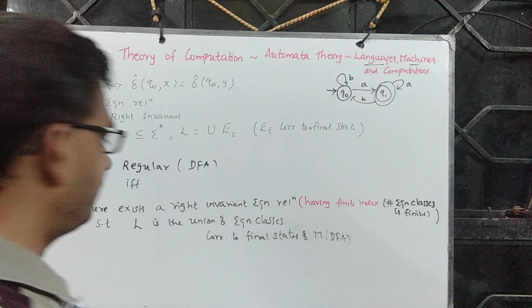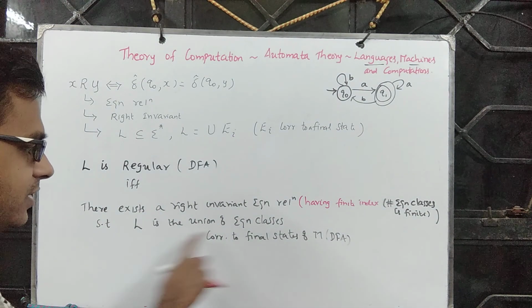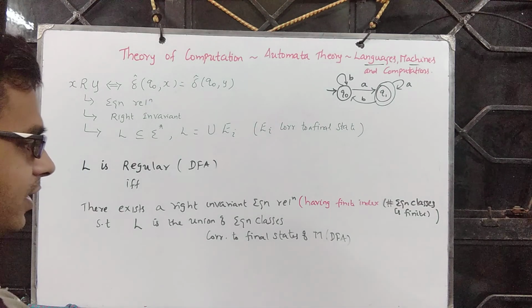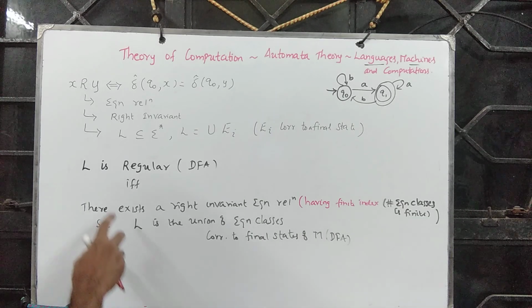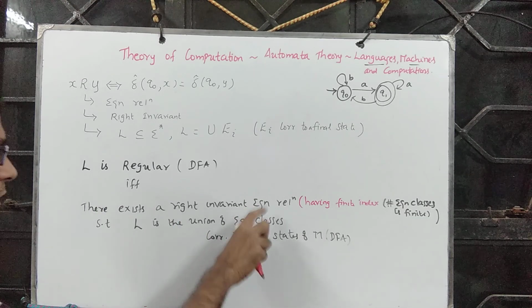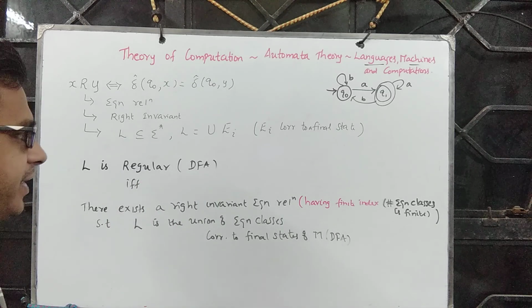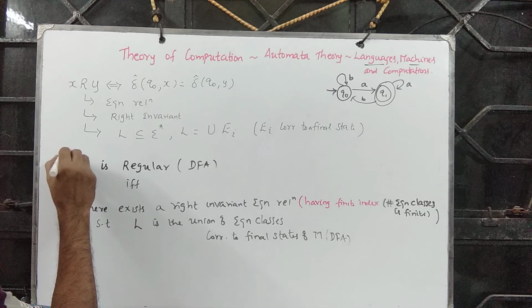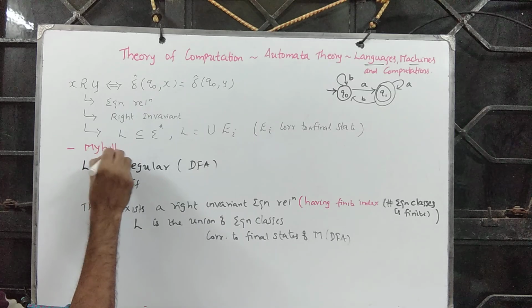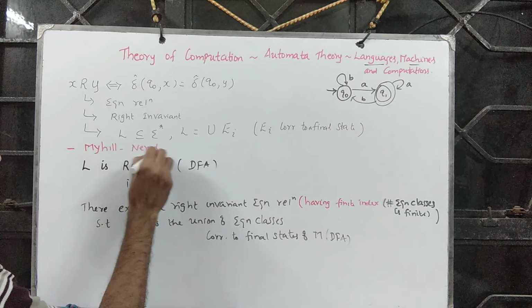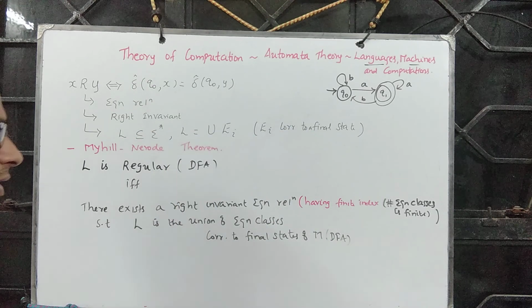So what we have is a right invariant equivalence relation such that L is the union of equivalence classes corresponding to final states of M. And interestingly, if you are given this, you can also construct an automaton out of it, which is why it is if and only if. And this is a famous result in automata theory. This theorem is due to Myhill and Nerode, and it is known as the Myhill-Nerode theorem.